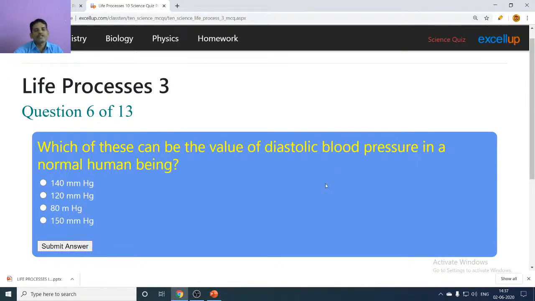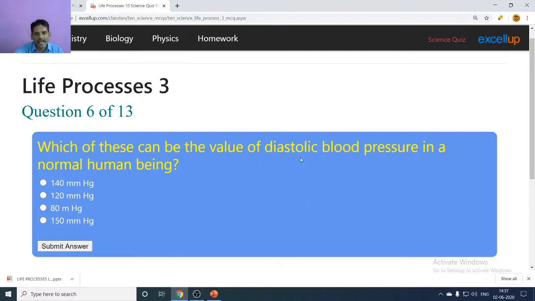Which of these can be the value of diastolic blood pressure in normal human beings? What is the normal blood pressure? 120 by 80 mm of Hg. What does that 120 represent and what does that 80 represent? 120 represents the systolic pressure when the heart contracts, and 80 represents the diastolic pressure when the heart relaxes.